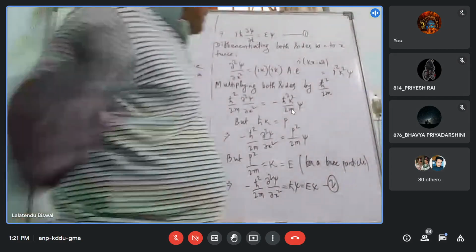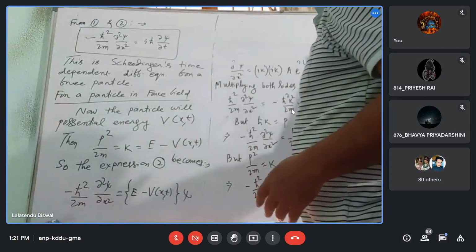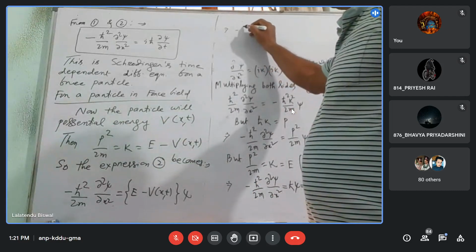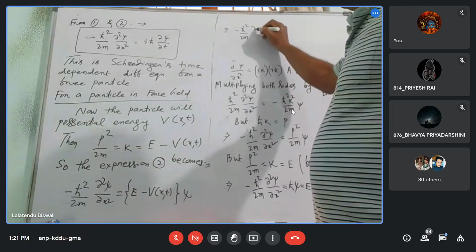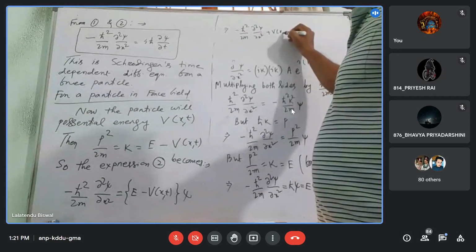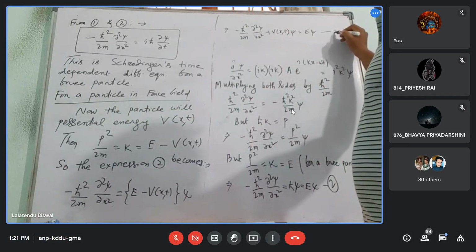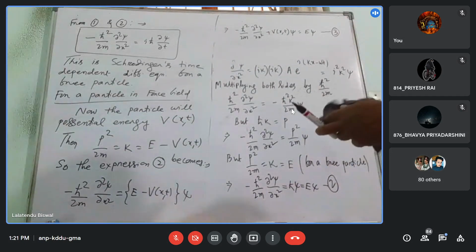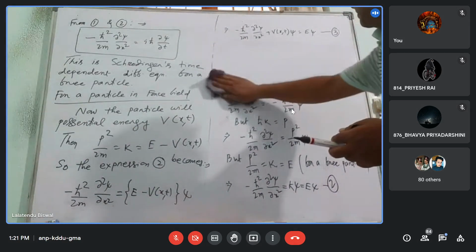That you can write as minus ħ² by 2m del² psi by del x² plus V(x,t) psi is equal to E psi. This is 3. This is for the case when the particle is moving under the action of a force. It is not a free particle. That you should remember.